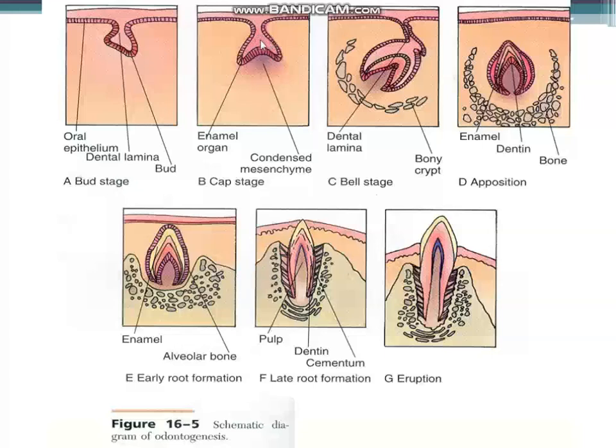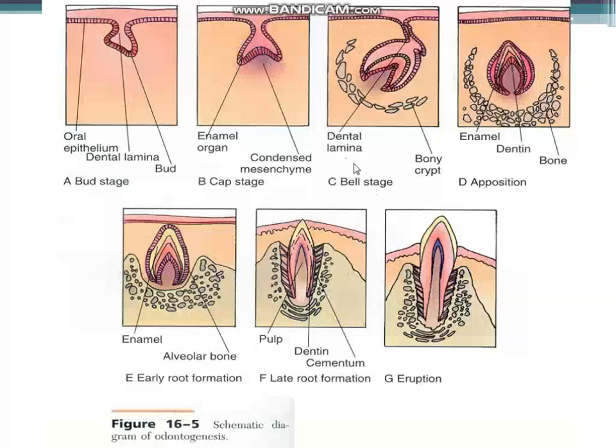Between them is located the stellate reticulum. Under the influence of this enamel organ, the underlying mesenchyme also undergoes condensation. The cells condense and form the dental papilla. So the enamel organ, together with this condensed mesenchyme, which we now call dental papilla, will form the tooth germ.